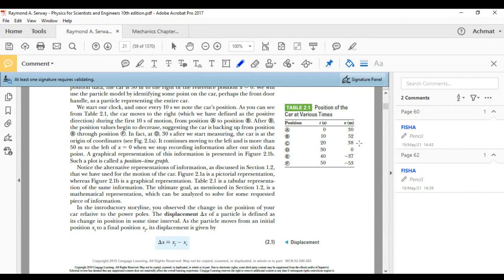So now I add another 14 to my 22. And then from 38, we go down to 0, so a distance of 38, so I add 38. And then from 0, I go to 37, so I add 37.